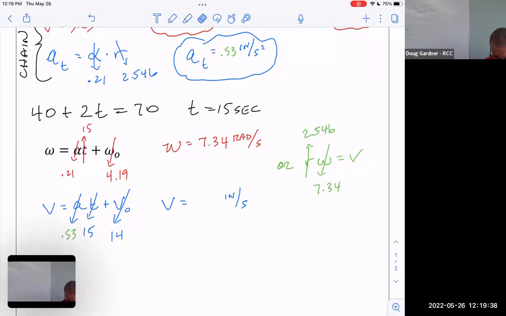So I'm hoping these two agree. Fixing that, if I take 14 plus 0.53 times 15, I get 21.95. I'm hoping I get the same answer over there on the right, 7.34 times 2.546.